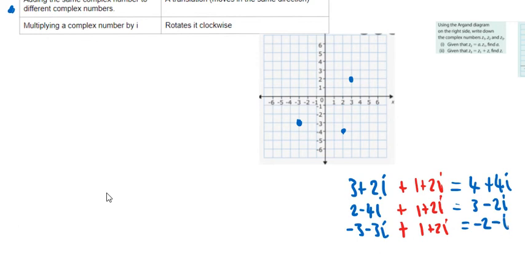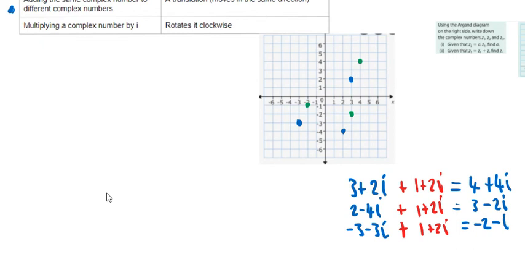So let's plot them on the diagram now. 4 plus 4i would be up here. 3 minus 2i would be down here, and then minus 2 minus i would be here.